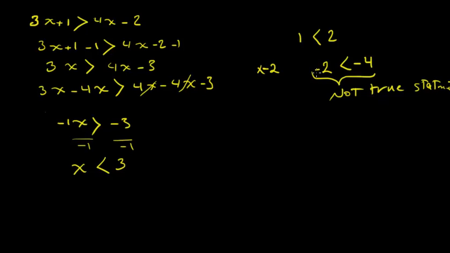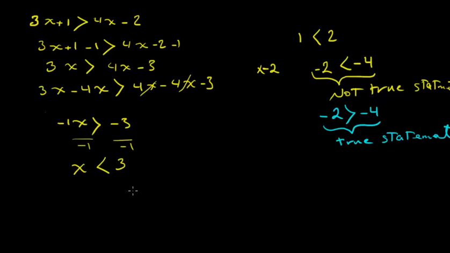We know that minus 2 is larger than minus 4. So we have to change the sign when we multiply by a negative number. So when we multiply by a negative number, we need to flip the sign and have minus 2 greater than minus 4. And this is a true statement.